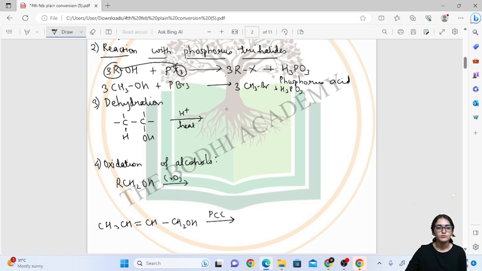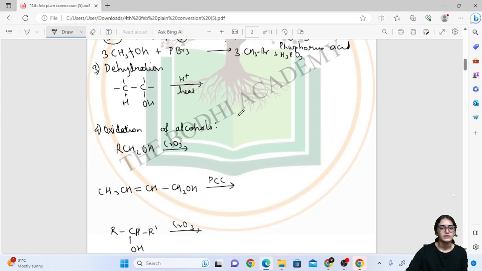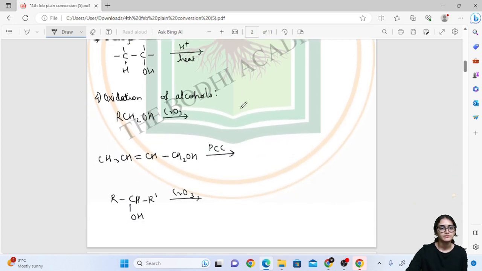So here which bond is breaking? This carbon and oxygen bond is breaking and we are getting CH3Br. Bromine takes the place of the OH group, and we get the new product, that is methyl bromide. So these are the two reactions we are already familiar with.